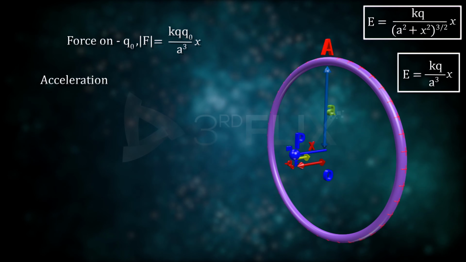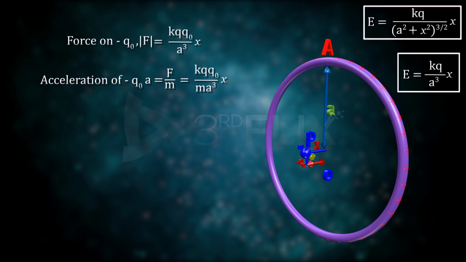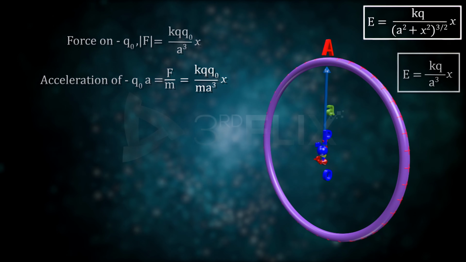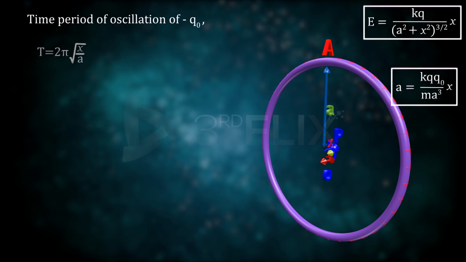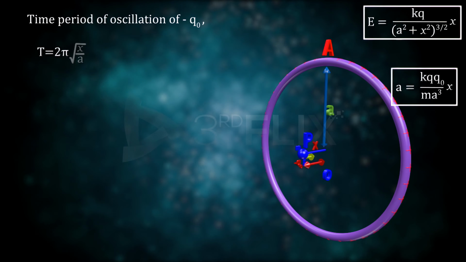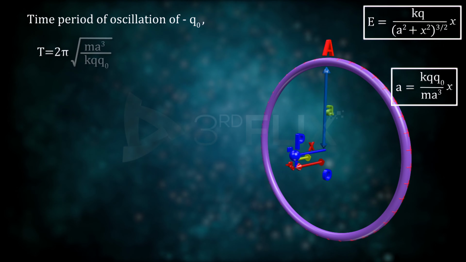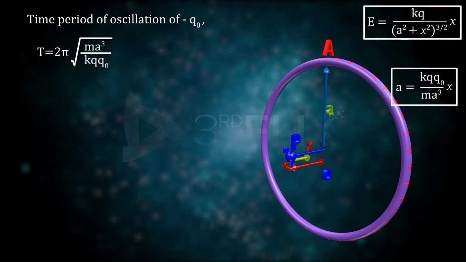Hence, its acceleration is directly proportional to its distance from the center. The charge would undergo simple harmonic motion about the center of the ring. The time period of the oscillation is equal to two pi root over ma cube by kq q naught.